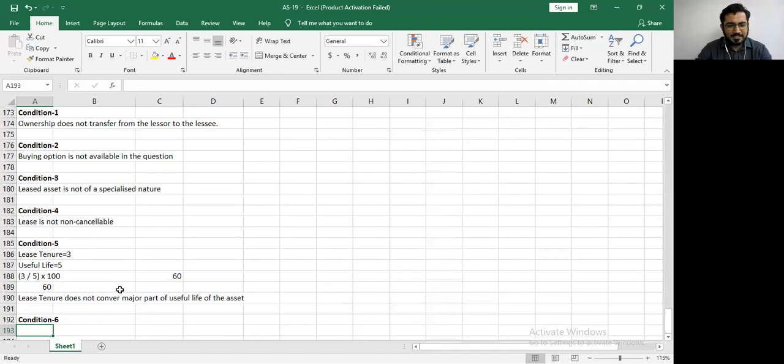Fine, let's go to the sixth condition now. It says present value of MLP covers substantial portion of the fair value of the asset.